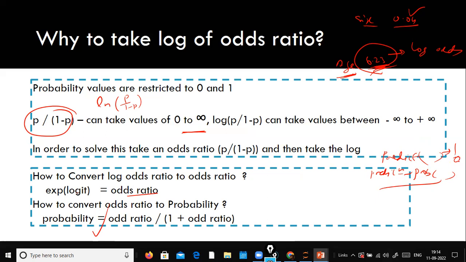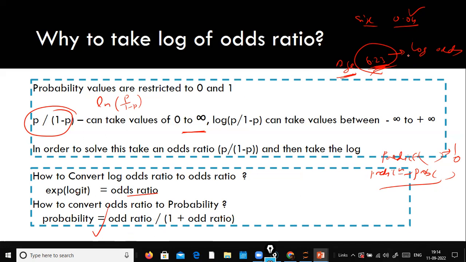Just getting the estimated class label, or doing the classification, is not sufficient. Along with that, we need to know the probability. We have the predict_proba function available, with which you can get the probability for each record. When you use predict_proba, it takes care of this automatically. You don't have to do all these steps.